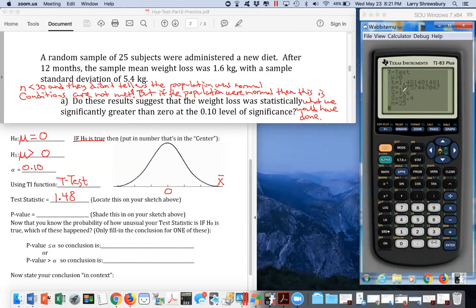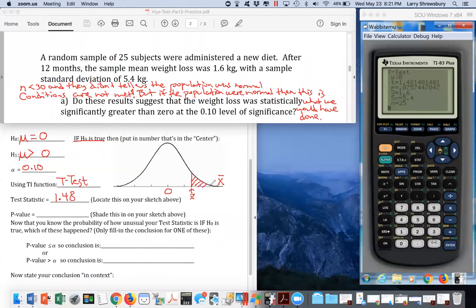So our sample mean, 1.6, that's above 0, but how far above? Well, just under 1.5 standard errors. That's right about there. So that's where our sample mean landed. So the question is, how unusual is that? Well, that's what this area from this point away from the center tells us.